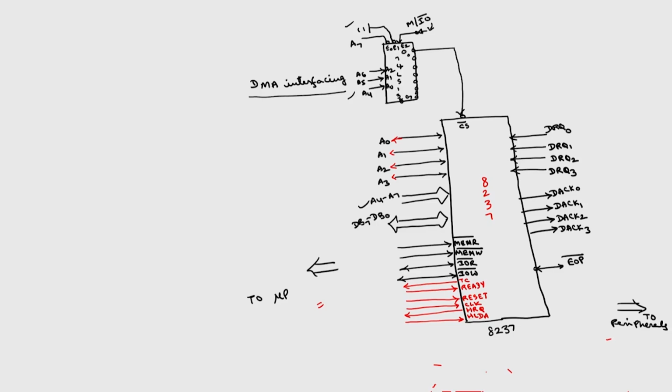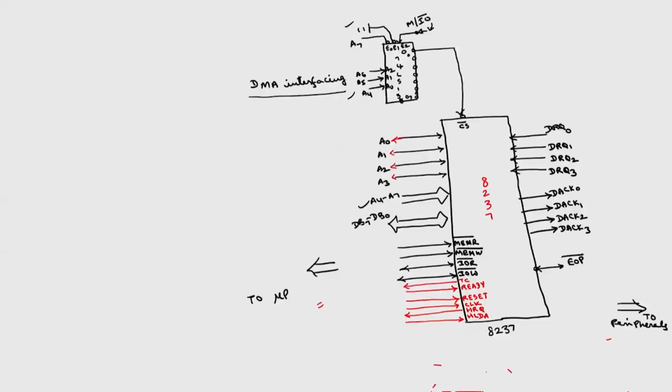Now, how to generate the addresses of the different registers present in the 8237 and how to connect this to the microprocessor. Okay. So, in order to connect to the microprocessor, it requires 2 more signals called address enable signal and address strobe signal.